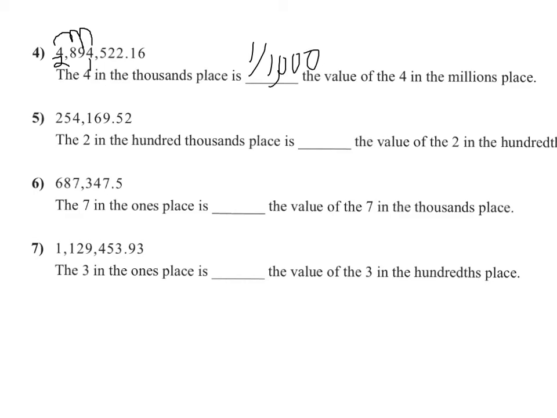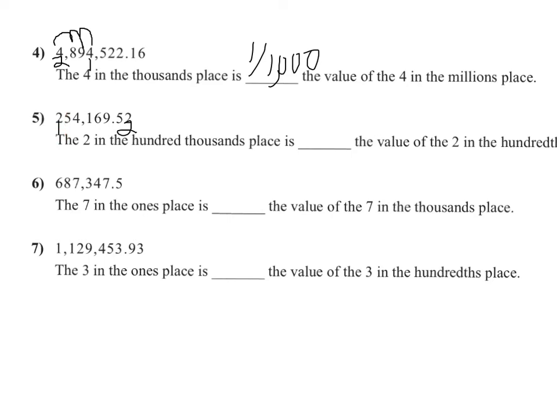Let's try another problem. The 2 in the 100,000s place is blank the value of the 2 in the hundredths place. So I'll put a 1 under the 2 in the 100,000s place and a 2 under the 2 in the hundredths place. Then I'm going to ask myself, is the 1 larger or smaller, the first 2 we're talking about, and I see that this 1 is larger.